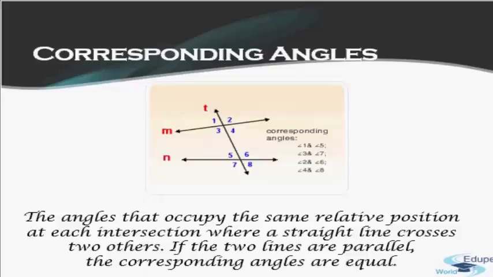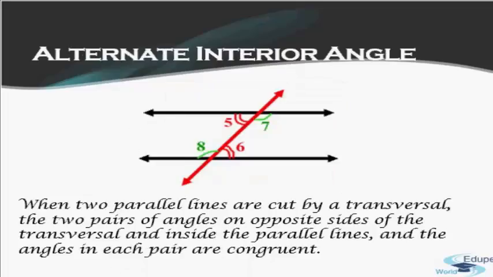So moving on, now we have alternate interior angles. I'm pretty sure everyone knows what interior means, and what alternate means. The same conventions are followed here. Both lines are parallel, and both are being transversed by this one particular line which is red in color.